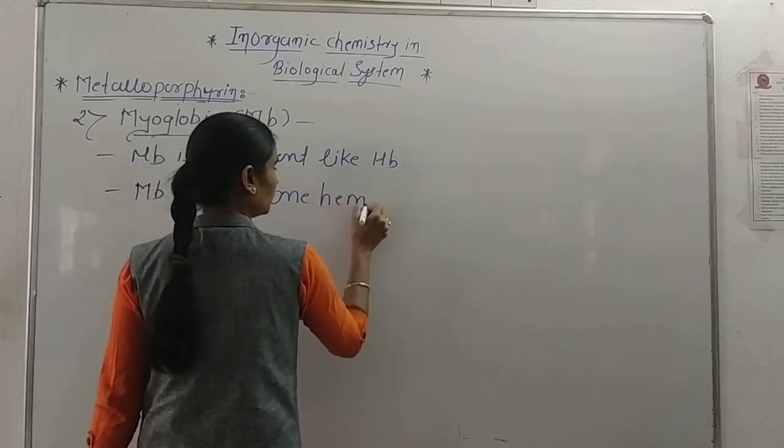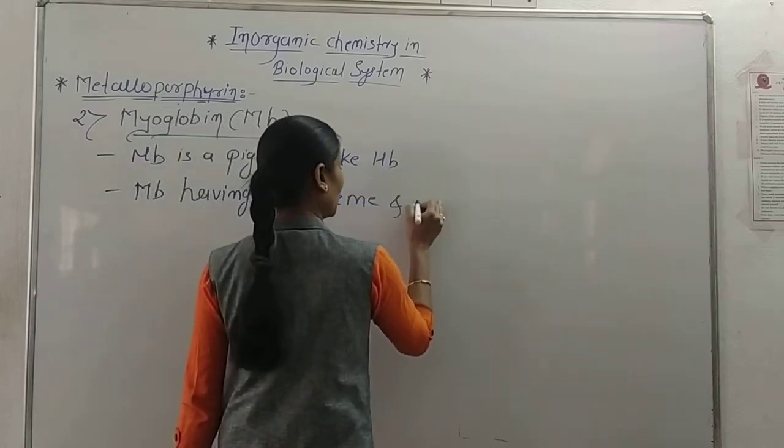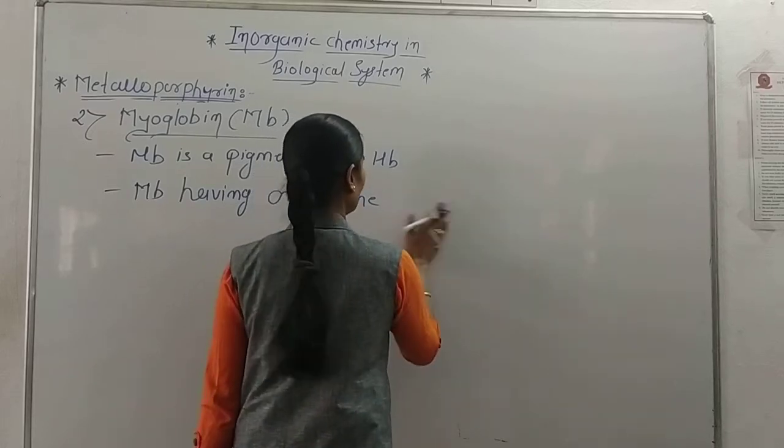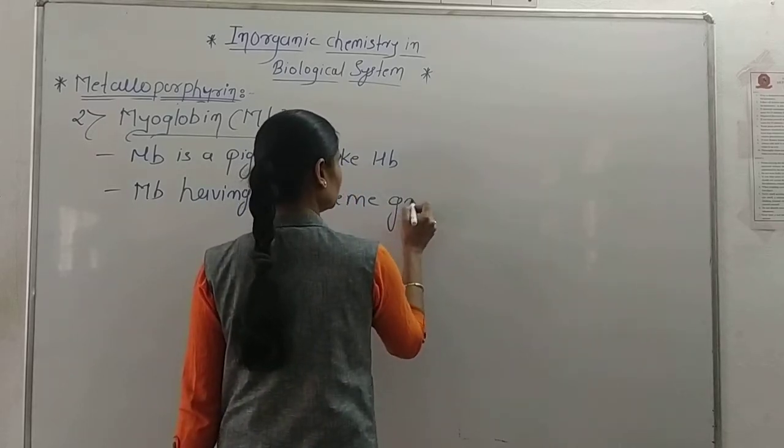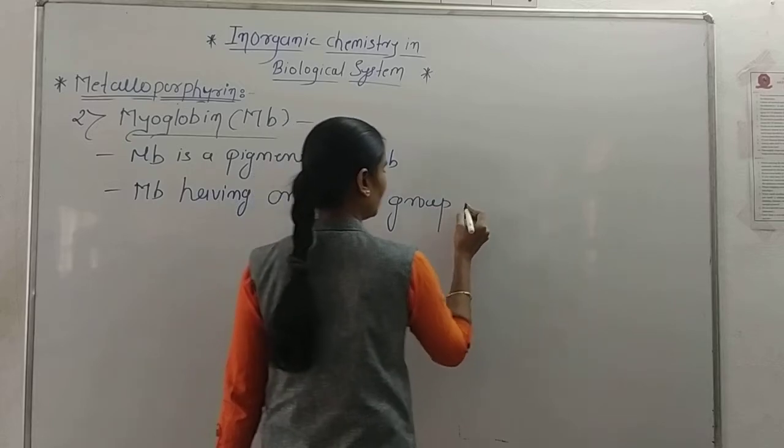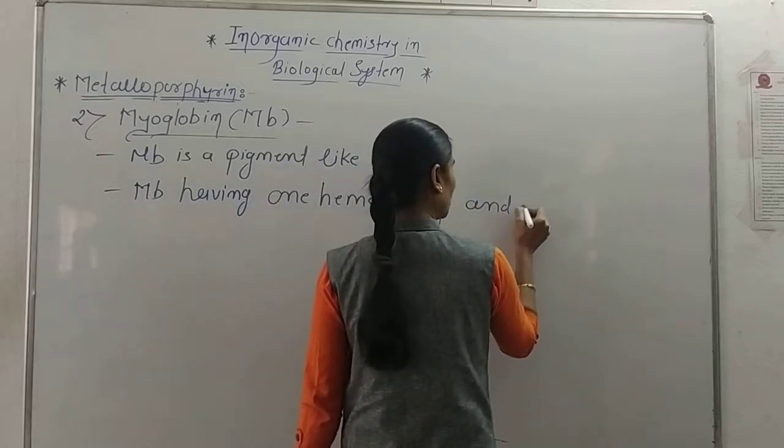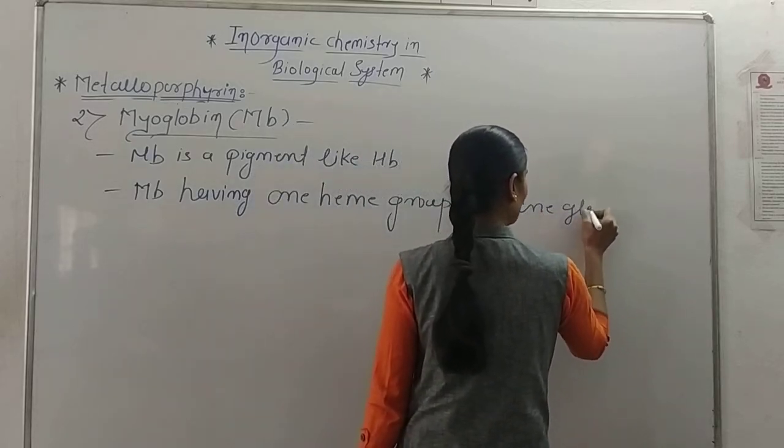So myoglobin has only one heme group and one globin molecule.